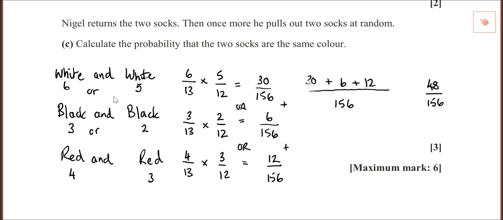I could have done a two-way table if I'd have preferred, which they have made possible by doing only two socks. So you could have used whatever method. All right. What size would your two-way table be?